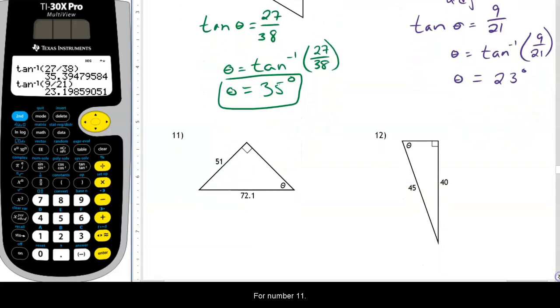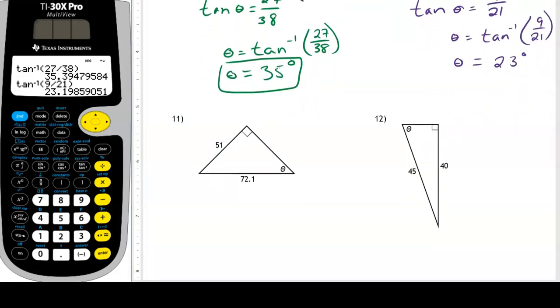For number 11, we have our angle theta, and opposite that is a side of 51. The 72.1 on our triangle is the hypotenuse since it's across from our right angle.